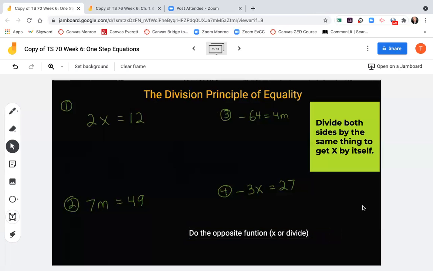That's what's going to go on here: you're going to do the opposite of what's going on in the equation to get x by itself. So let me give you a moment more to copy this down, and then I will show you these last couple slides.